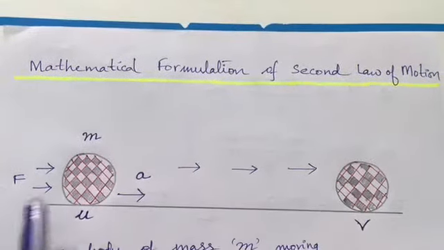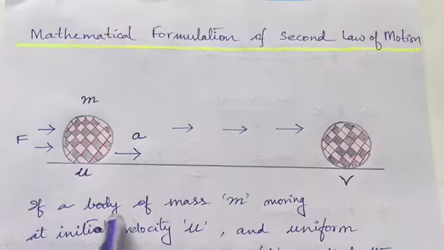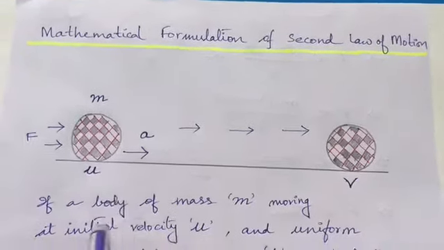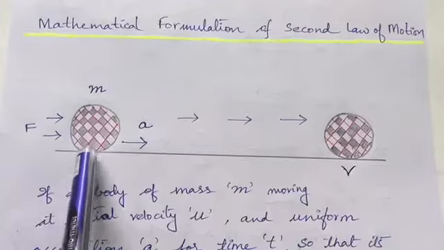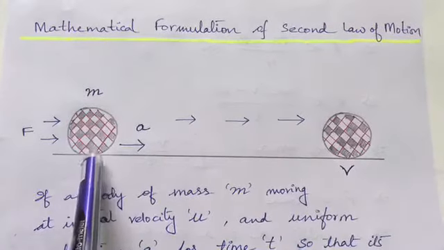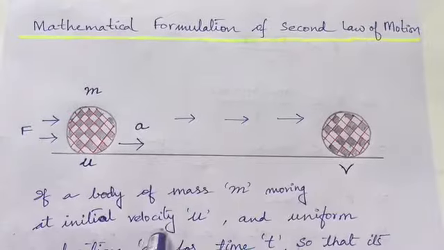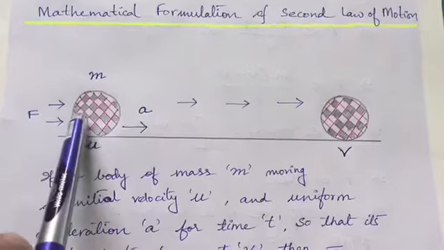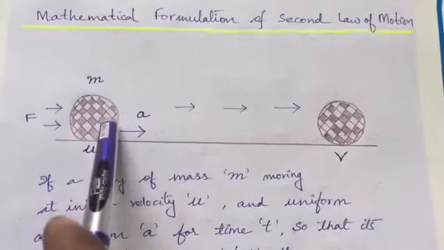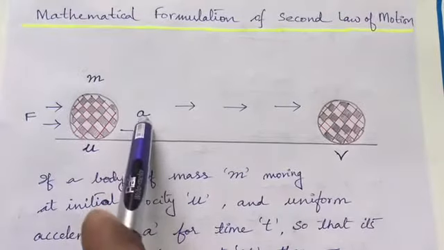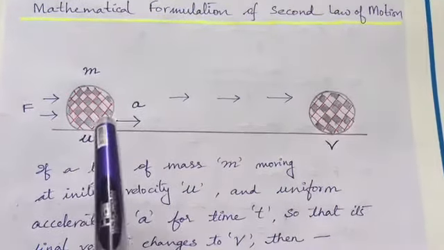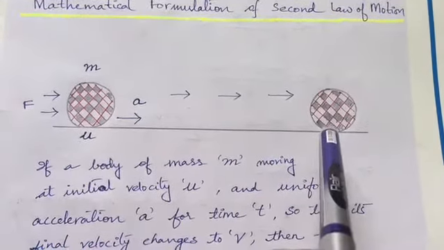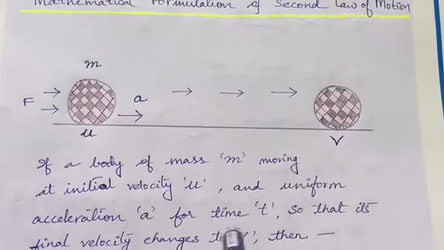So if a body of mass m is moving with initial velocity u, earlier we imagined it at rest, and uniform acceleration when we apply the force, then from this position to this position the ball takes some time, let it be time t.